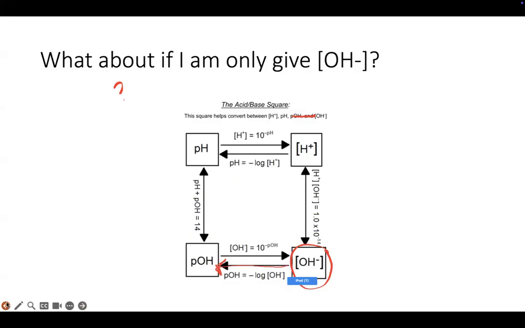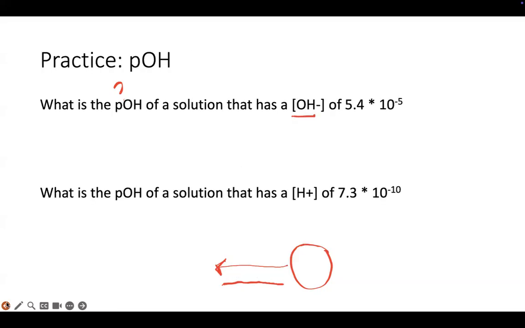It looks like we should use this formula: pOH equals the negative log of OH. So I would say pOH equals negative log of 5.4 times 10 to the negative fifth.